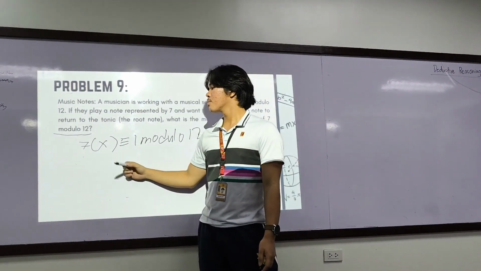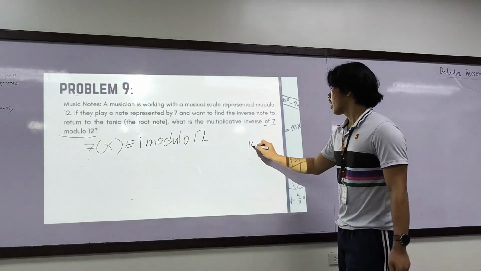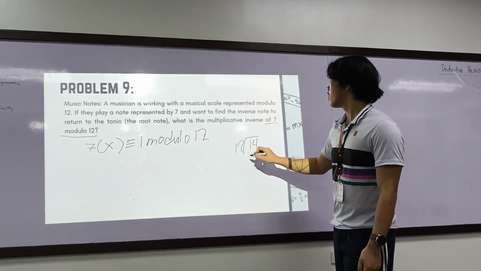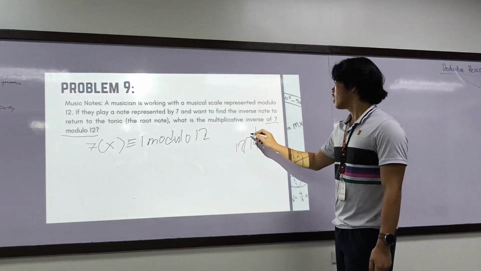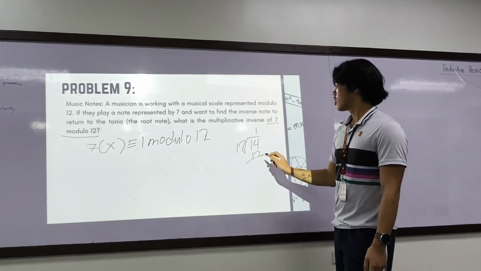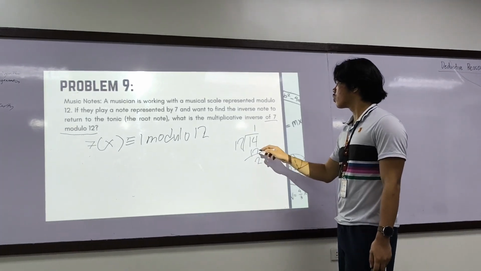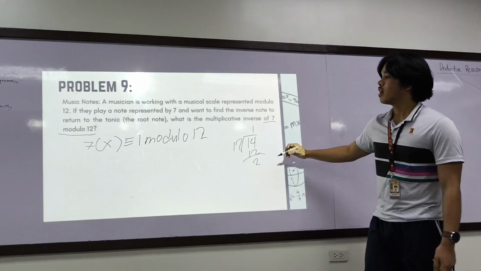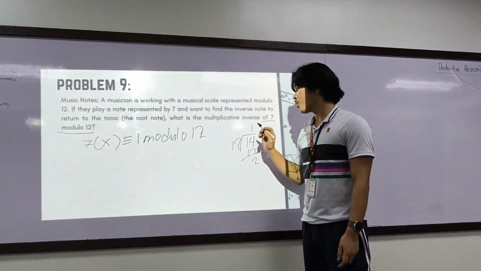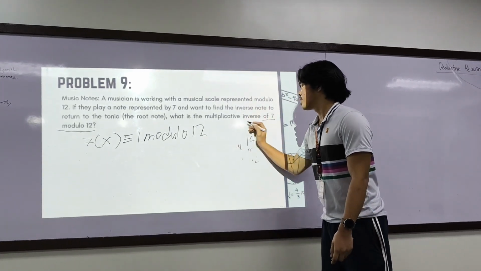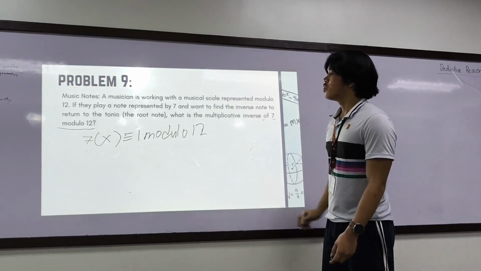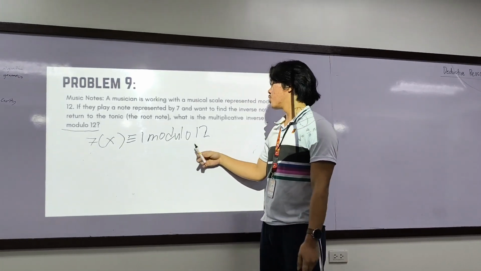And 7 times 2 is 14. When 14 is divided by 12, we have 1, and 1 times 12 is 12, and we will have the remainder 2. So we conclude that 14 is not congruent to 1 modulo 12.